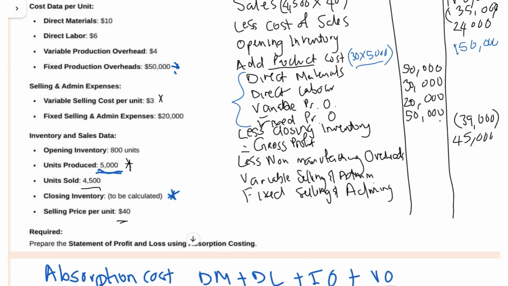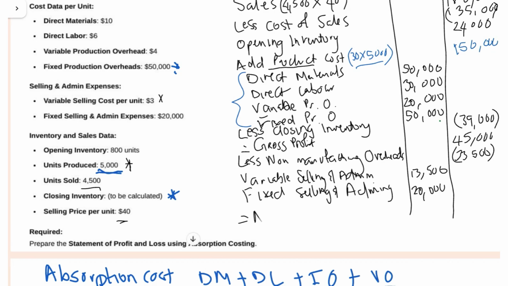So we say 4,500 times $3, and then we get 13,500. And then we have your fixed selling and admin expense, which is just straight up like that, so you can just say your 20,000. And then your total non-manufacturing overheads is your 13,500 plus your 20,000, which gives us 33,500.